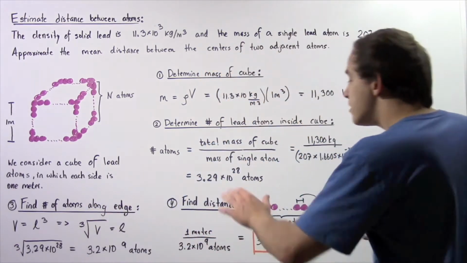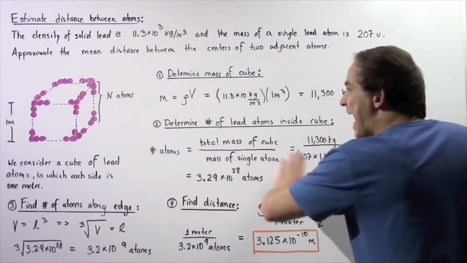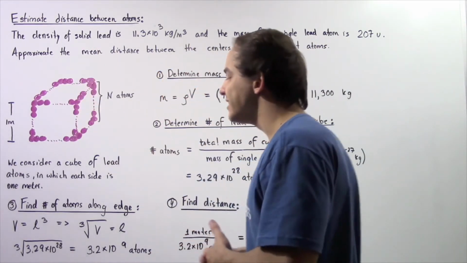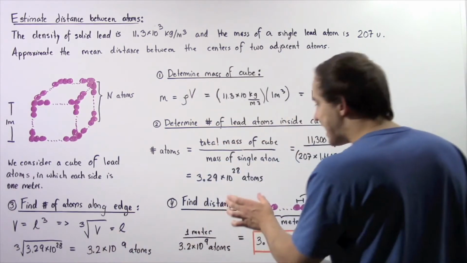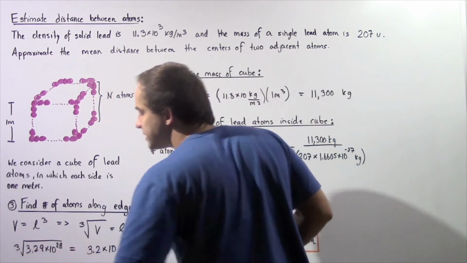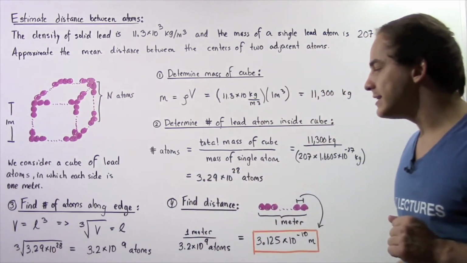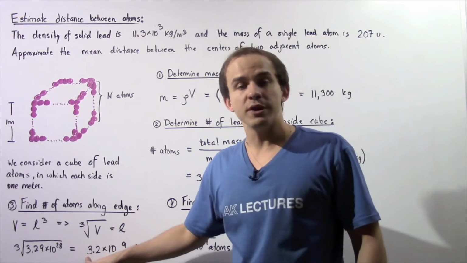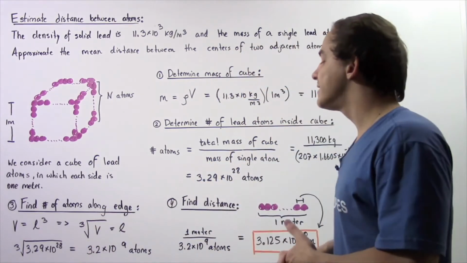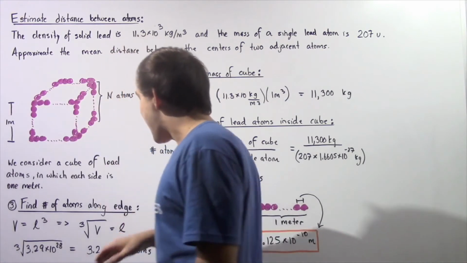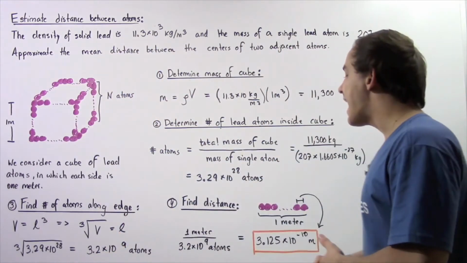We know that we have this many atoms in 1 meter cube volume of lead. So we take the cube root of this value, and we find that each edge has a number of 3.2 times 10 to the 9 atoms. So each one of these edges has this many lead atoms.